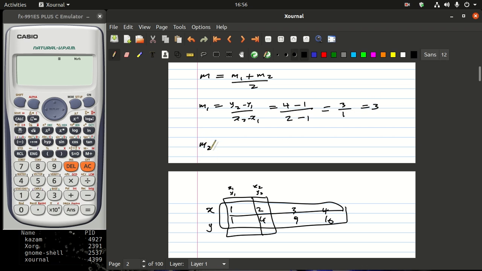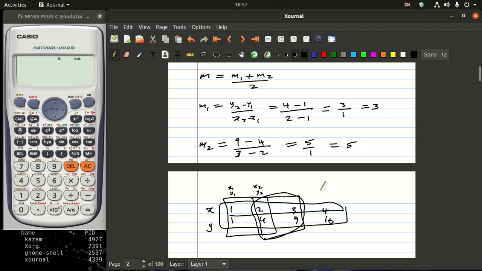And if we look for the second line here, the second line is going to be this block here, this side. So my y2 is going to be 9 this time around. I'm going to have 9 minus, and then here we'll have a 4 as a y1, and then this one is going to be 3 here, and then this one is going to be 2. 9 minus 4 is going to be 5. 3 minus 2 is going to be 1, which is the same as 5.